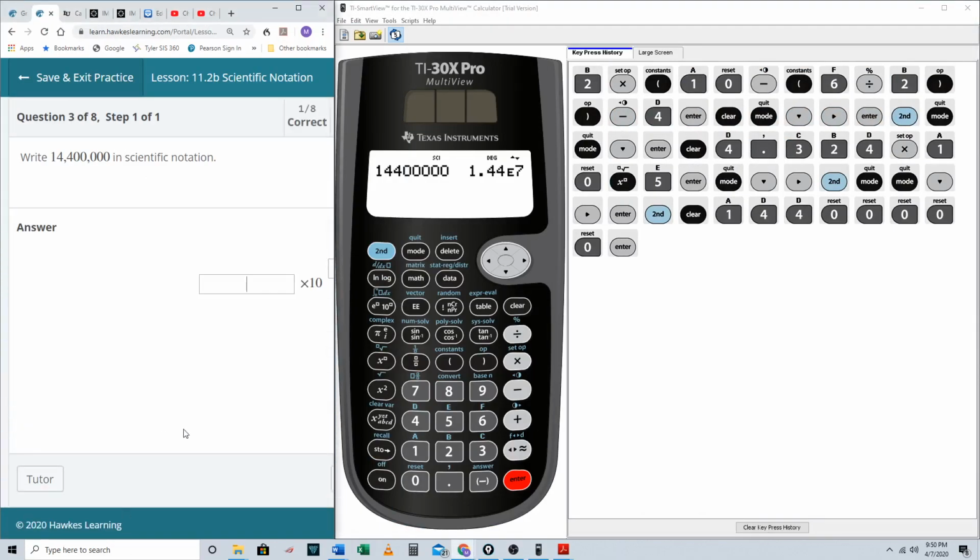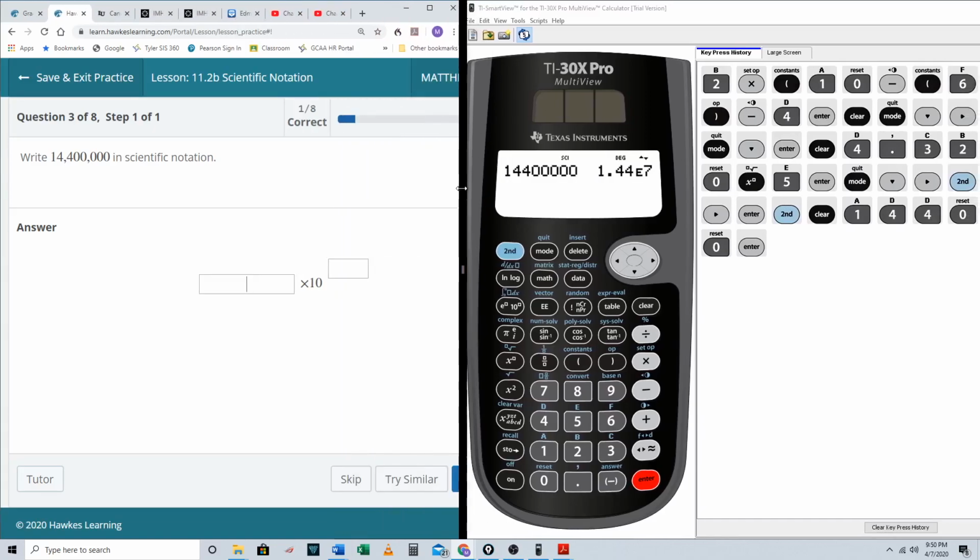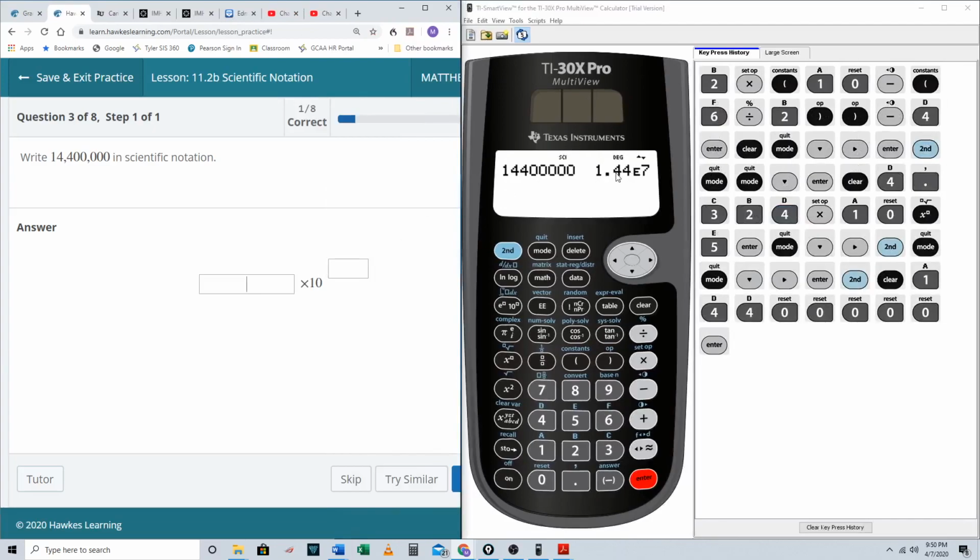It gives me 1.44, and whatever comes after the E just means an exponent of 7.